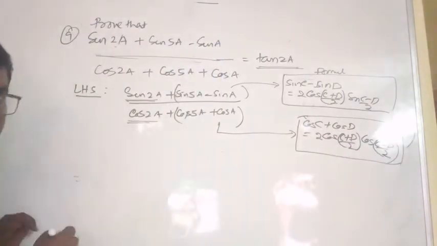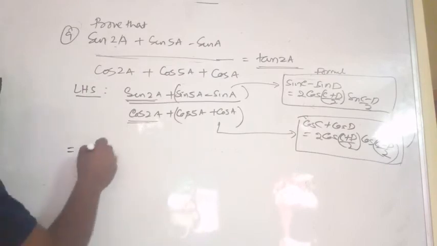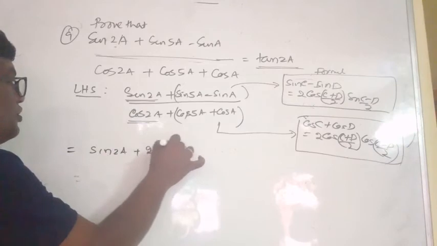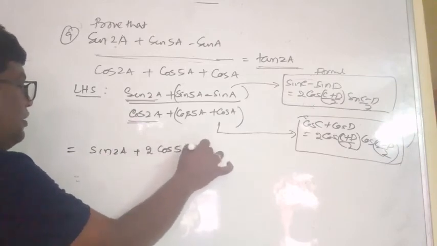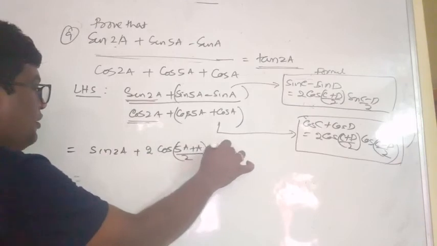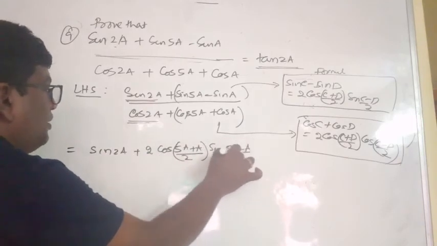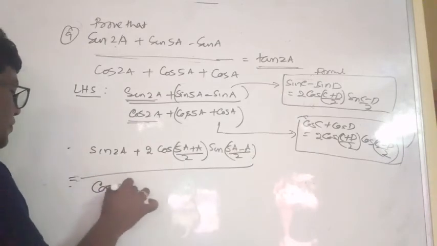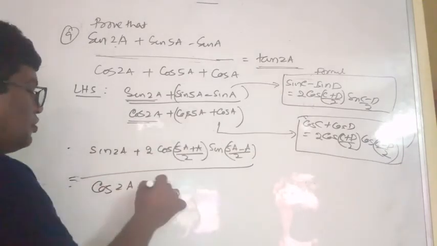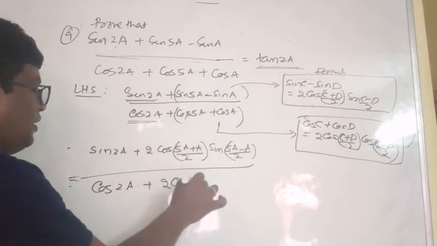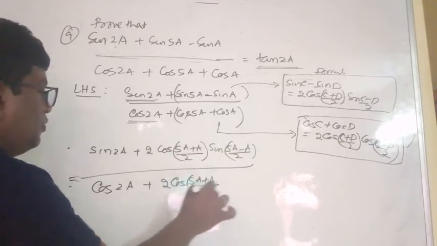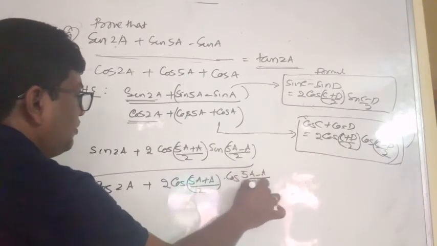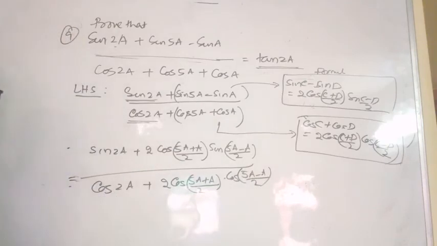So this is equal to sin 2a plus 2 cos (5a plus a) by 2 into sin (5a minus a) by 2, whole divided by cos 2a plus 2 cos (5a plus a) by 2 into cos (5a minus a) by 2.